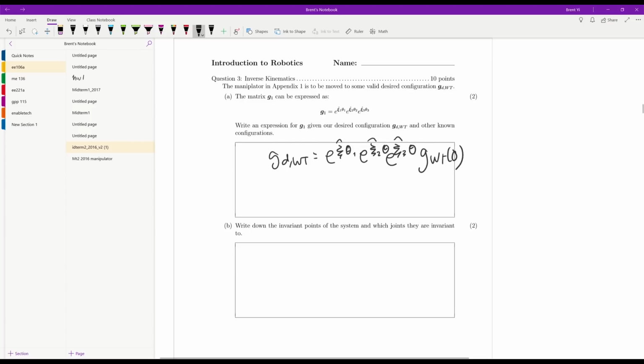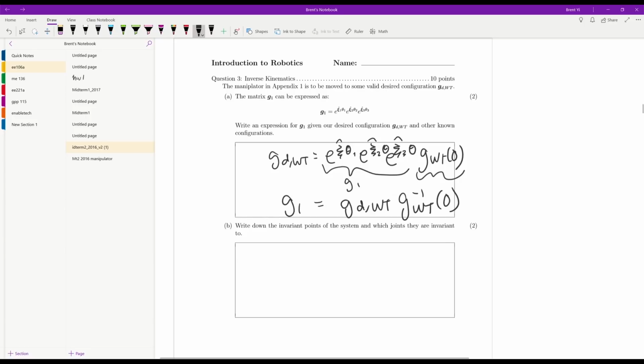You'll notice that these three terms is just G1, so G1 is just the exponential mapping. And to isolate G1, we can just invert GWT of 0 and right multiply it to both sides. So that gets us G1 is equal to GDWT multiplied by GWT inverse of 0.